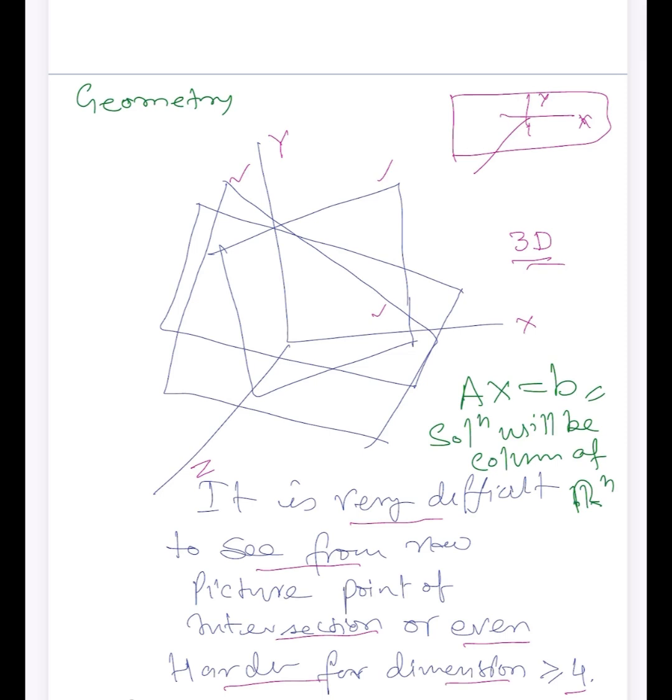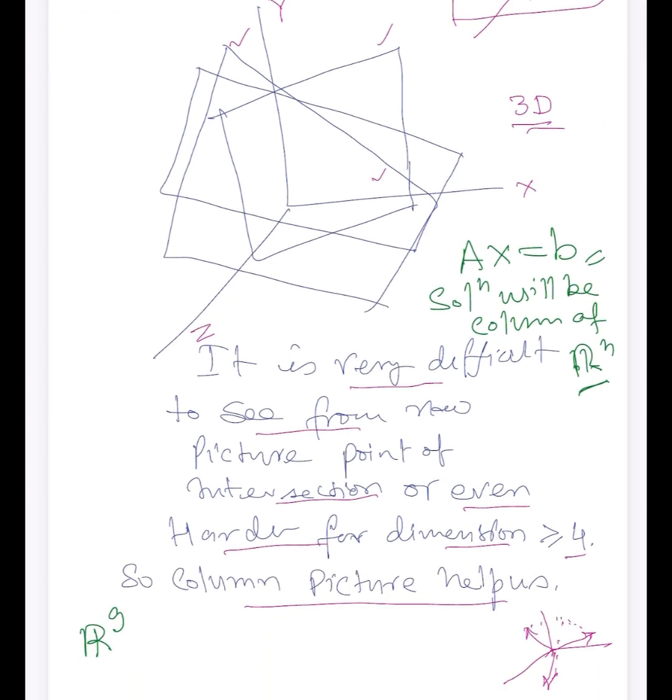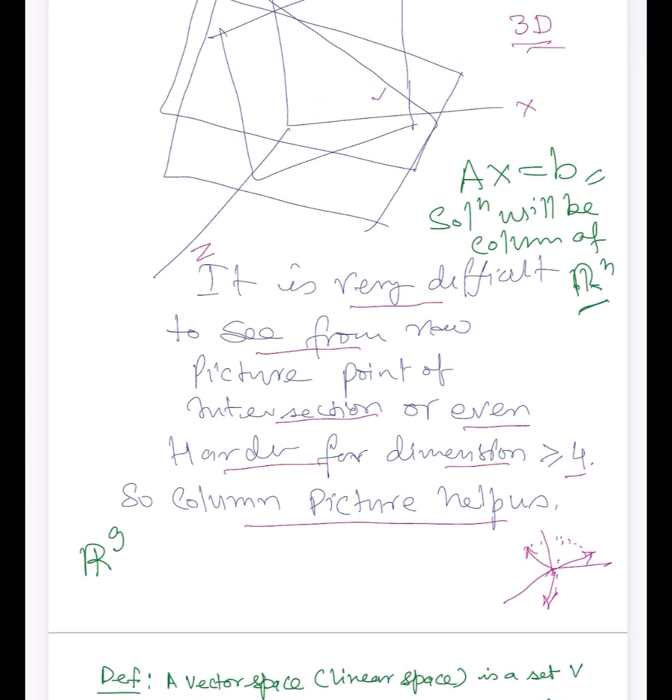So if we move from row picture to column picture, it makes my life easier because we are going to represent the vector. In case I go for 9 equations, 9 unknowns, the solution will be very easy to visualize in 9 dimensions. I only have to make, let's say, x1, x2, up to x9, and this vector represents this, another 9 vectors this, another 9.